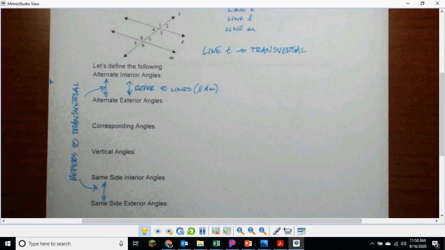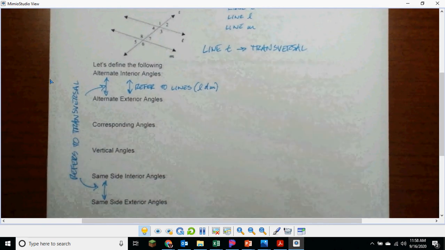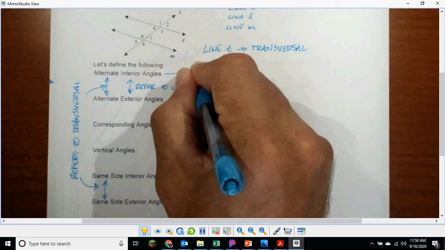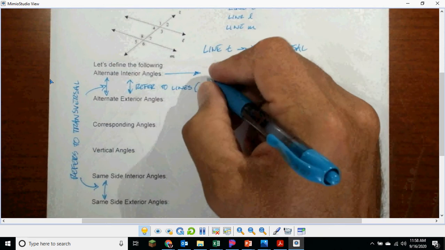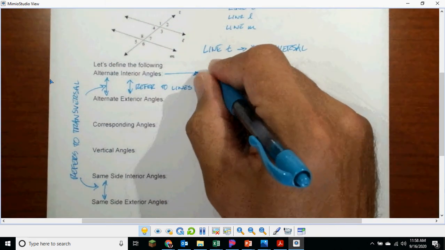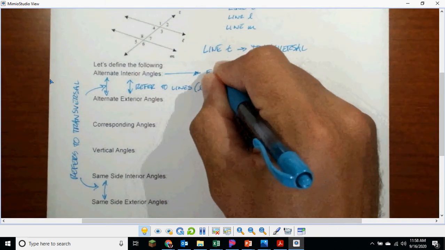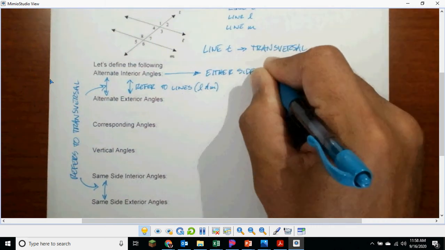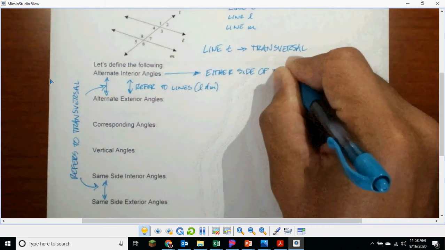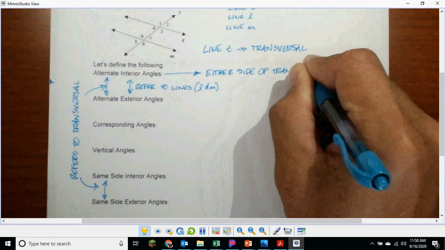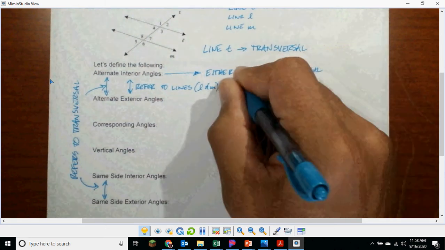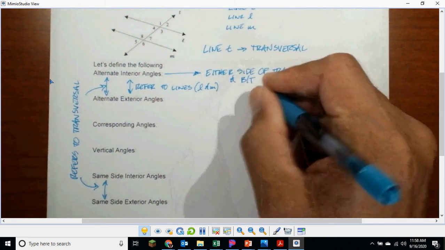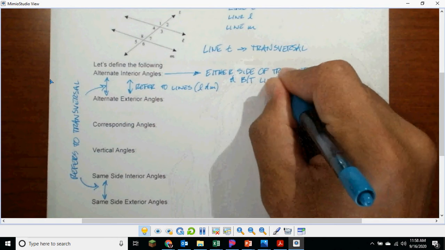That means one on one side, one on the other. Same side means all on the right or all on the left. So alternate interior angles then are on either side of the transversal and between the lines.